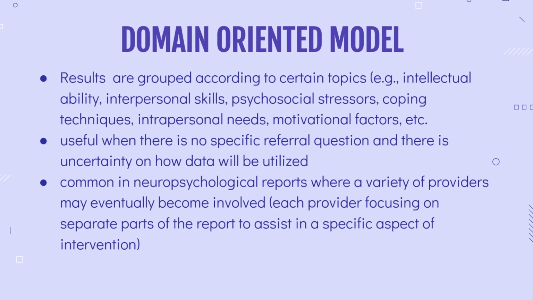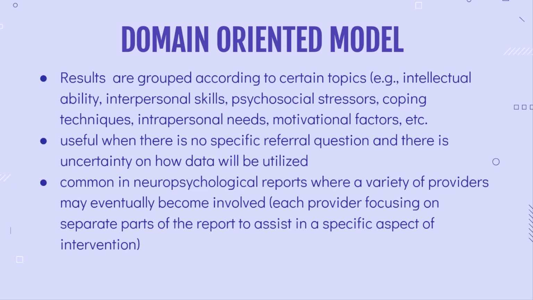So, for the domain-oriented model, results are grouped according to certain topics, like I said, by intellectual ability or functioning, then psychosocial functioning, which includes interpersonal skills, psychosocial stressors, coping, interpersonal needs, motivational factors, etc. This is useful when there is no specific referral question and there is uncertainty on how the data will be utilized.